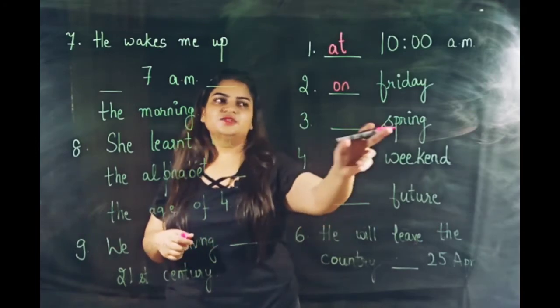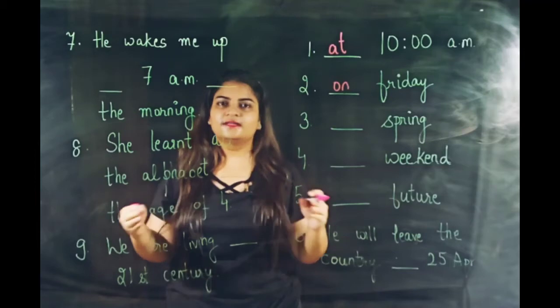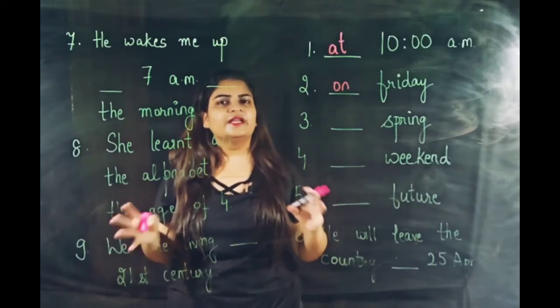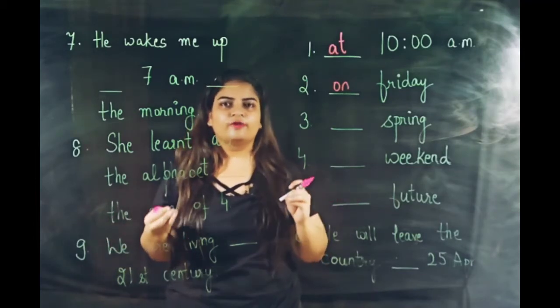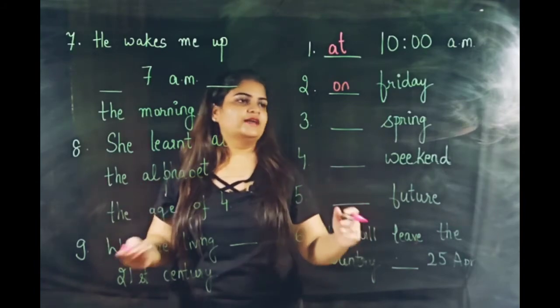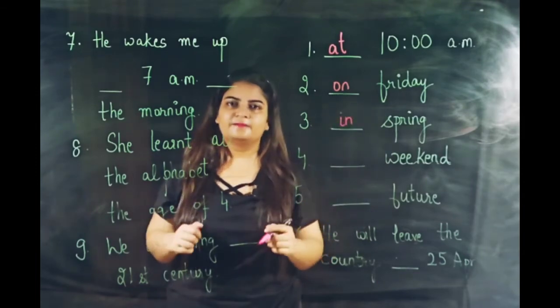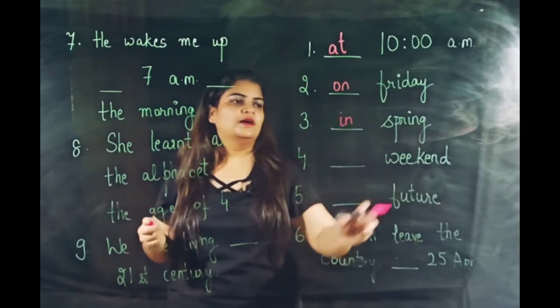Then dash spring. Spring is a season and it is longer than a day. Have you ever seen any season only for a day or for a few minutes? No, a season has its own duration. So that is why we use in with the season, spring. In spring. Weekend.